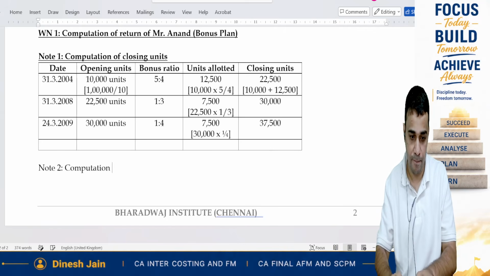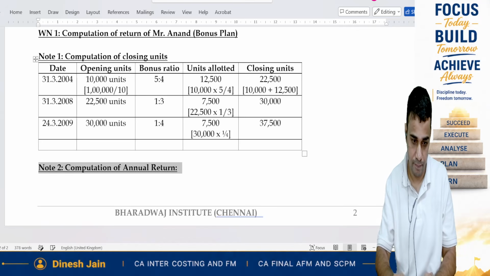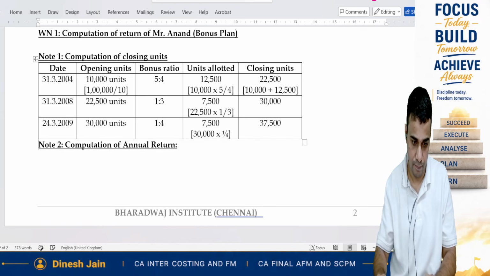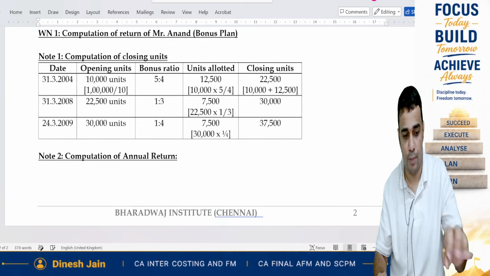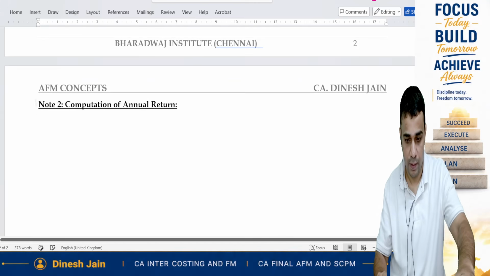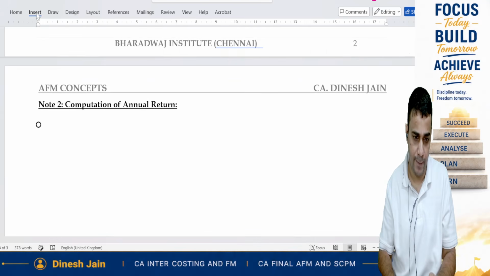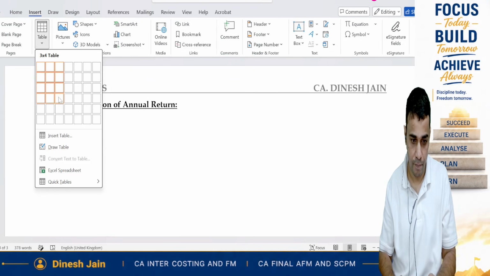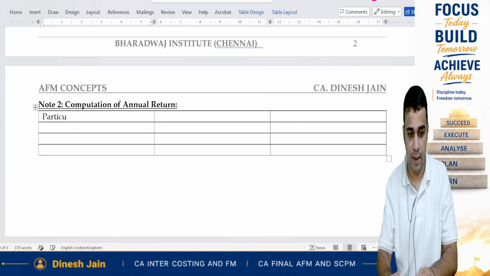Note 2, computation of annual return. Particulars, calculation, amount.